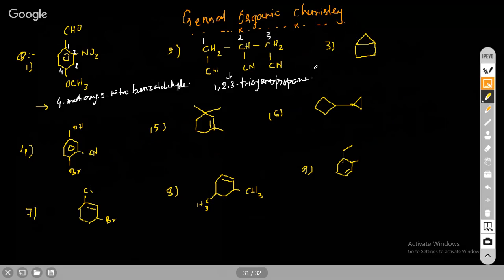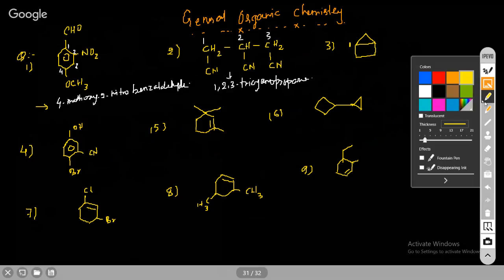Okay. See, there are two carbon atoms common in this, these two carbons. So this is a bicyclo compound. Okay. And in a bicyclo compound, we always start numbering from this bridge carbon. These two carbons are bridge carbons, the common carbon atoms, right? So what is the rule for bicyclo compounds? We always start numbering from the bridge carbon.